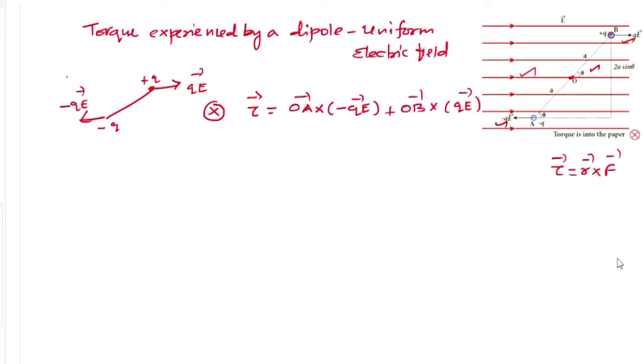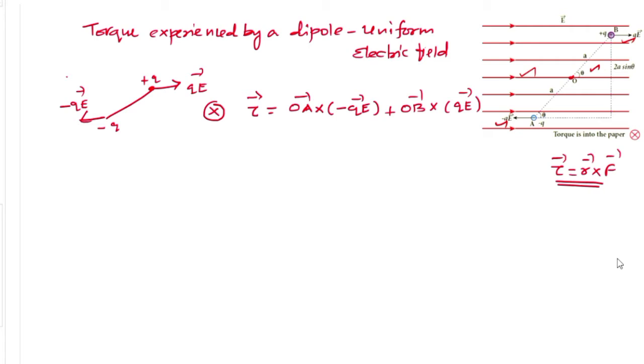So we have two charges and two forces, therefore we have to write two torques. The general format is R cross F. Now let us take the magnitude of the torque.